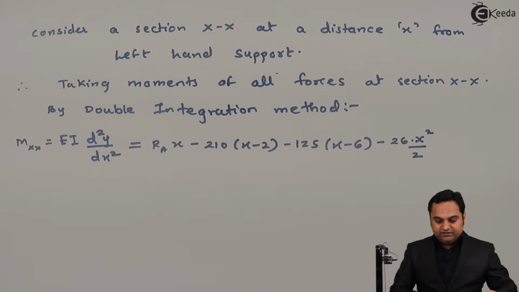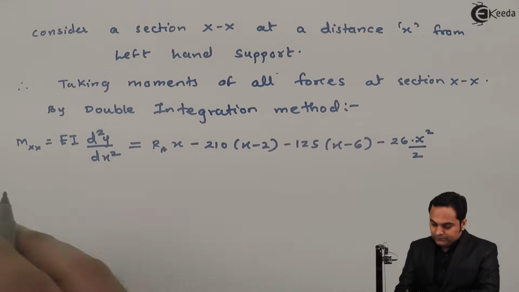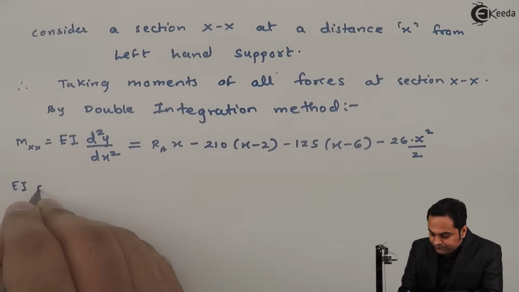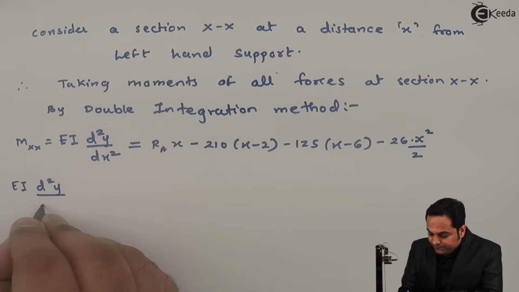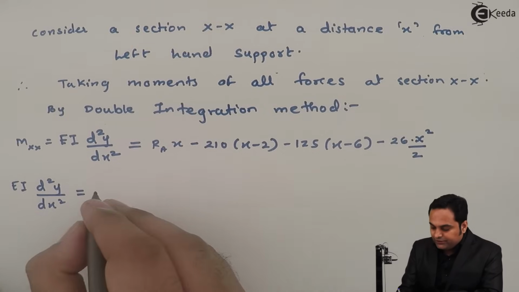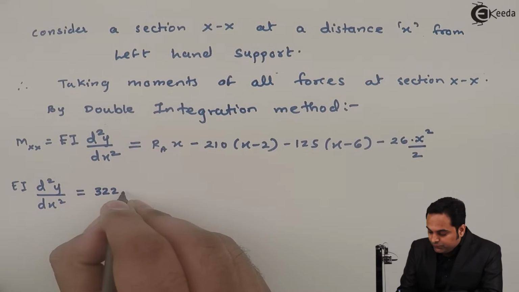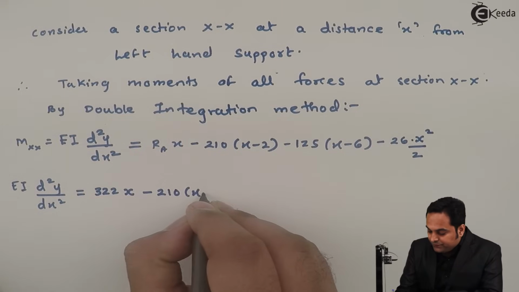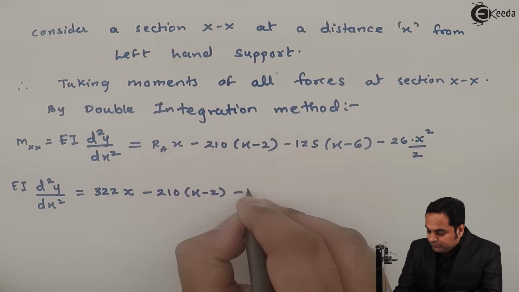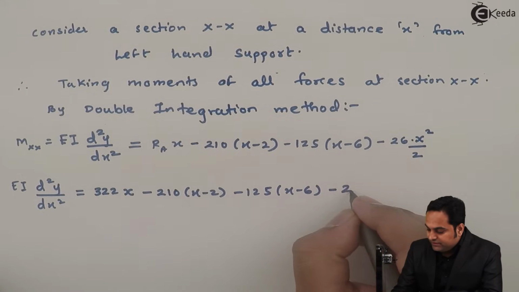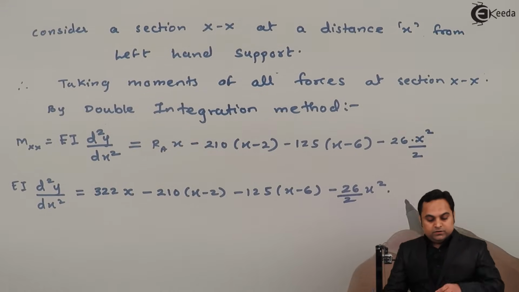Now after reaching this stage, I'll write it again: EI d square y by dx square is equal to RA value, which is 322, x minus 210 into x minus 2 minus 125 into x minus 6 minus 26 by 2 x square.